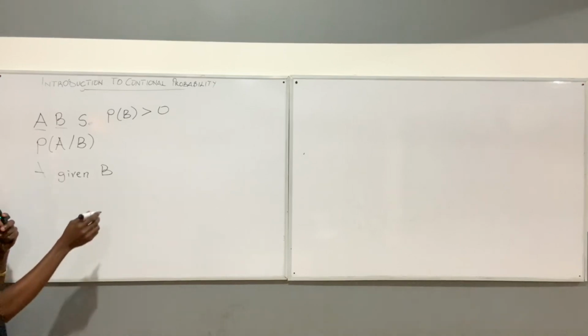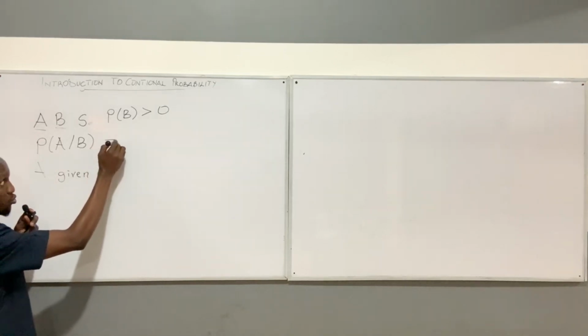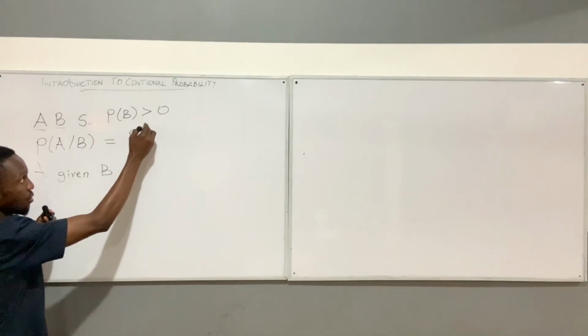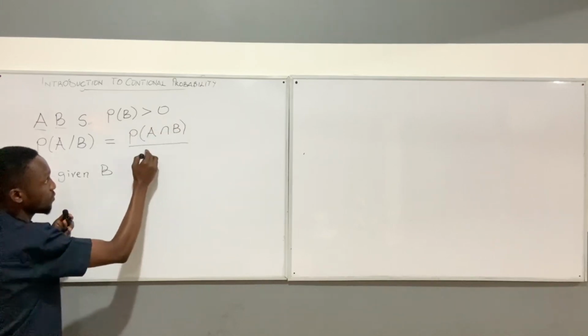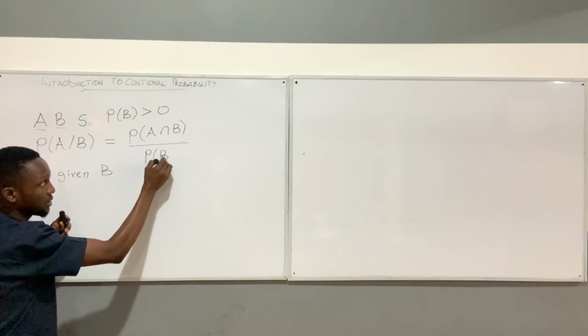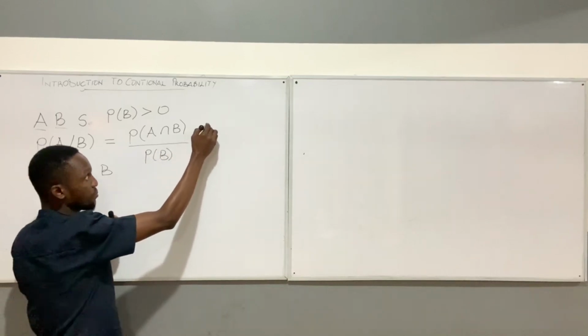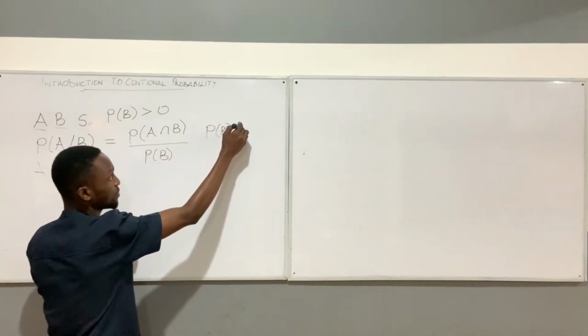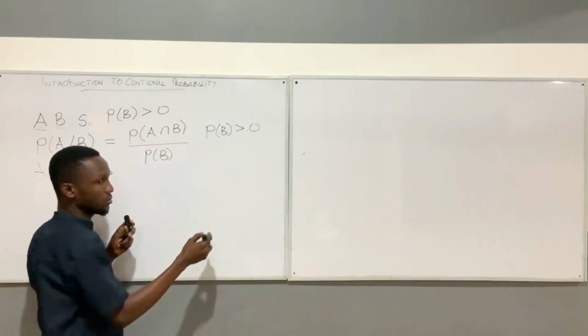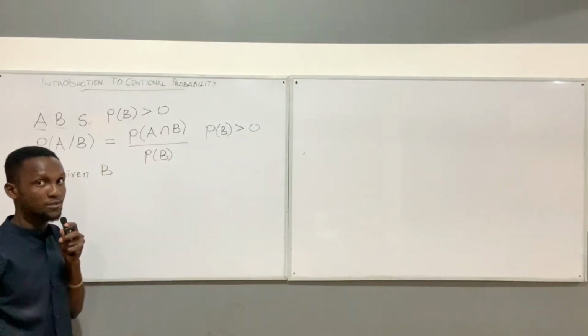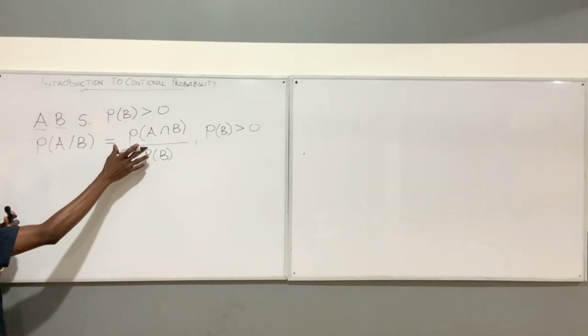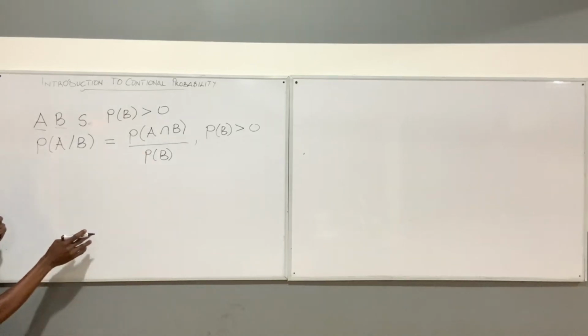Mathematically, we will say that this is equal to P of A intersection B out of the probability of B, where the probability of B must be greater than 0, because if this is 0, the equation becomes undefined. So from here, let us break the formula down for you to understand.